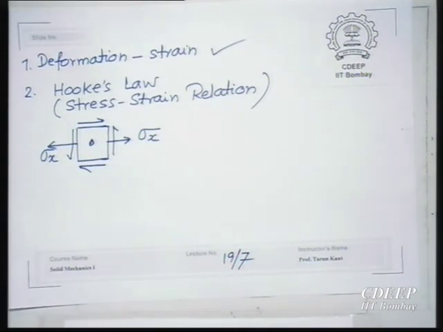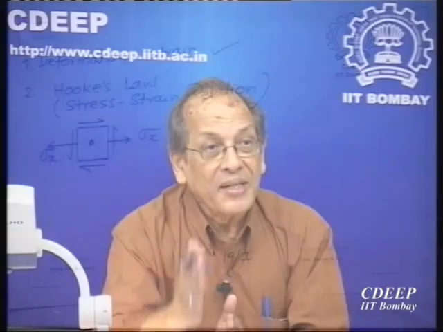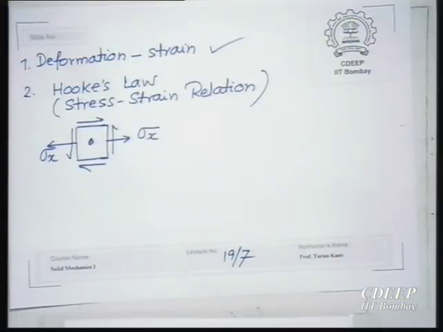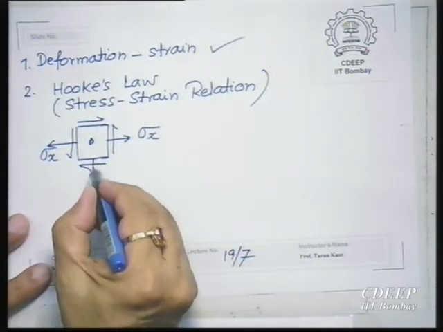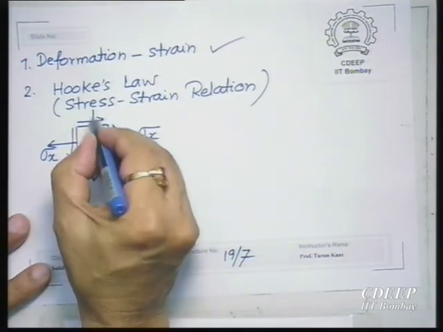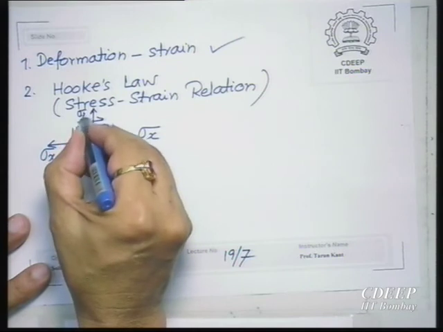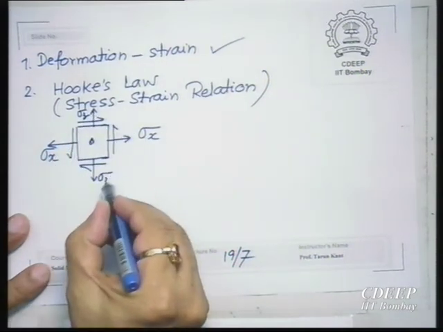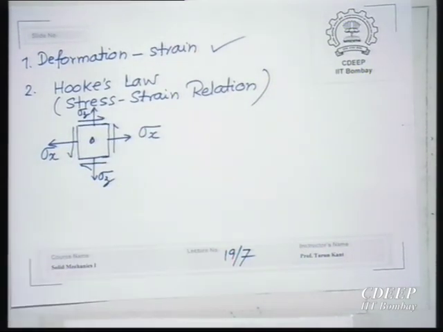The shape of the cross section changes in the xz plane, so deformation is taking place there. Only perpendicular to that, this side remains a straight line. Then we also have this sigma z. So actually it is a two-dimensional state of stress.